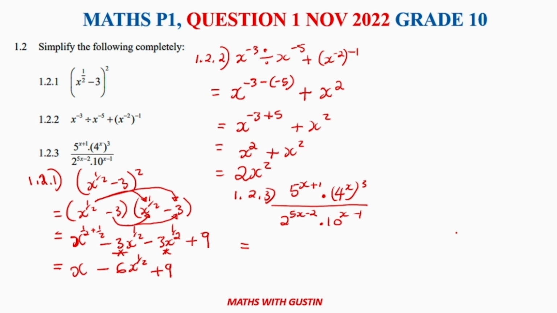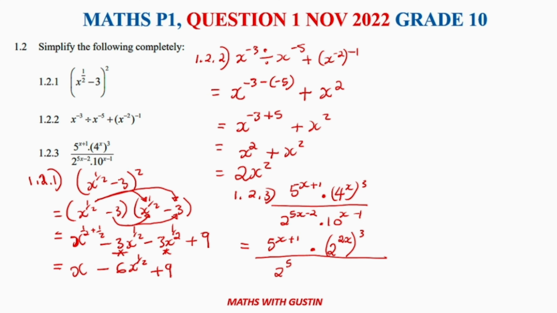What you have here, we're going to try to simplify this one. This is an exponent expression, so we've got 5 to the power of x plus 1, and there's nothing we can simplify here. All over 2. Can we simplify this 4? We can simplify 4 to 2 to the power of 2. Then it will multiply by this x. Let me just leave the 3 out there; the 3 is still outside.